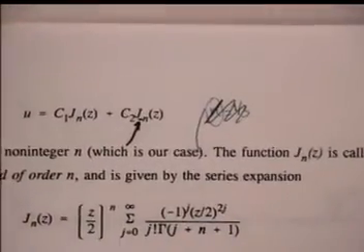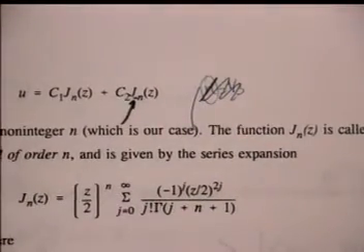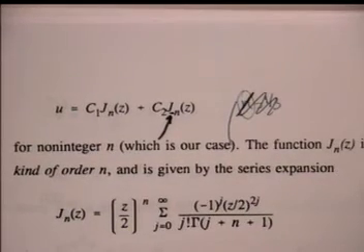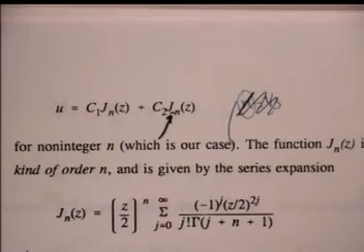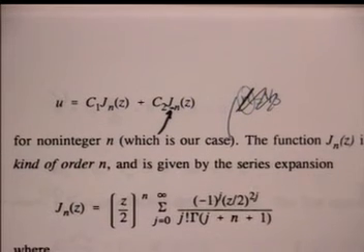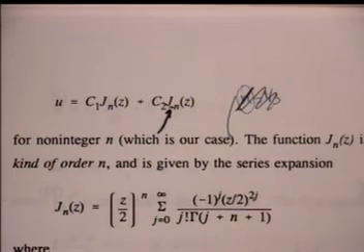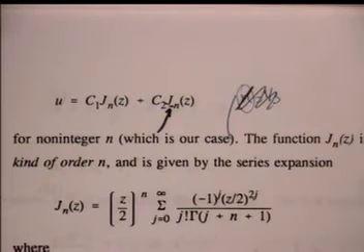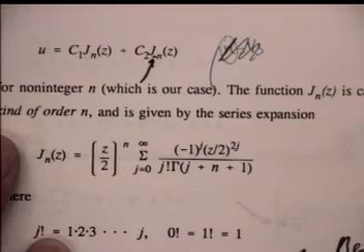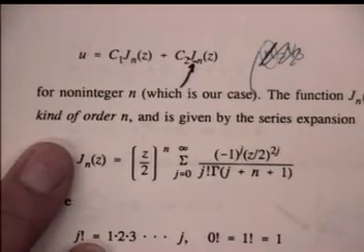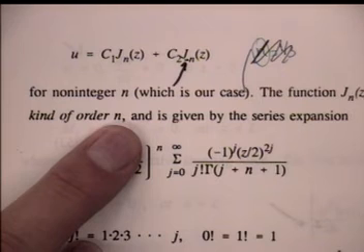Okay, so the solution of that Bessel equation is some constant C1 J sub n of z plus C2 J to the power minus n of z, where Jn is called the Bessel function of the first kind, of order n.